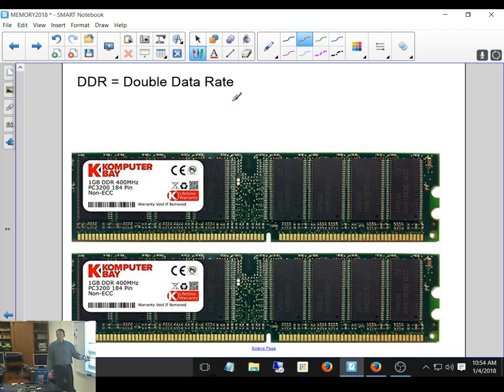We lost one of the notches, so you could tell easily which kind of memory, because now it only had 1 notch there. And it was called double data rate because if you remember, I said the maximum SDRAM was 133. DDR started at 266 and it went all the way up to 400 megahertz.